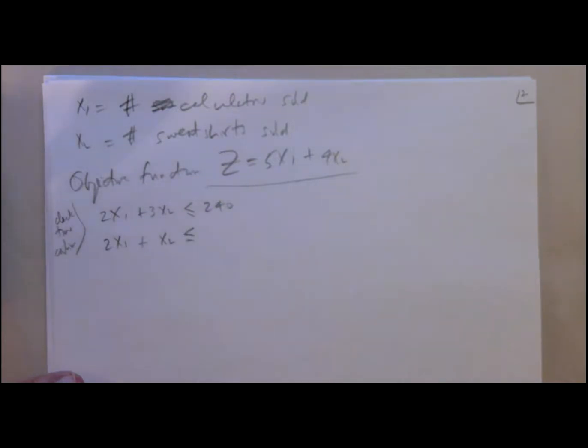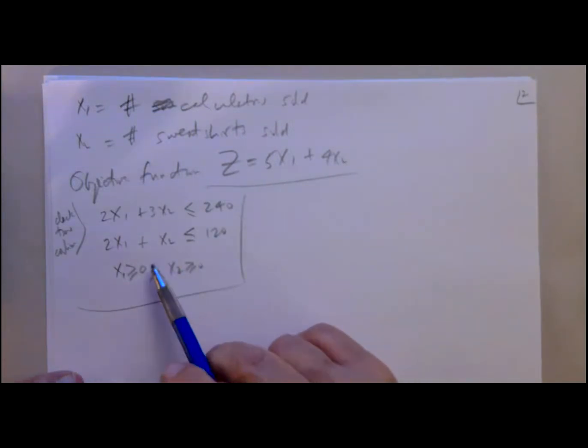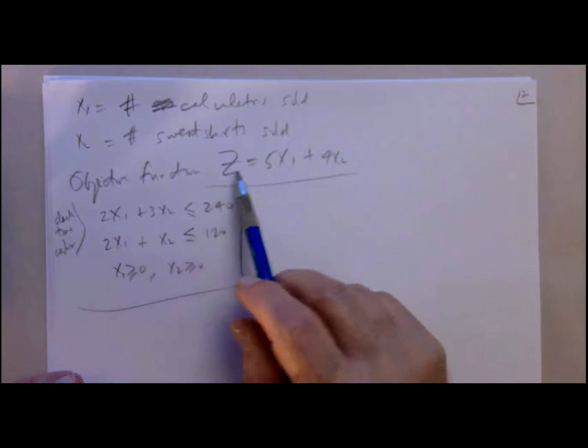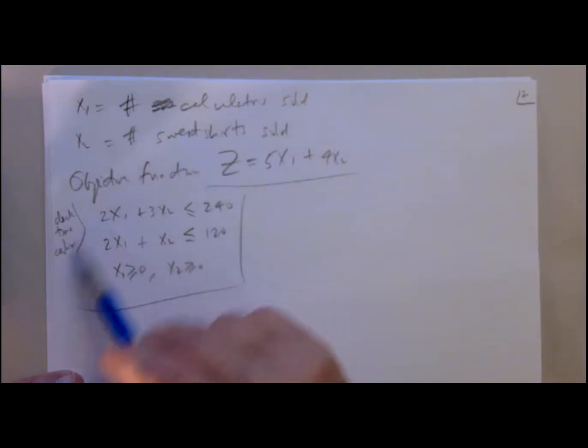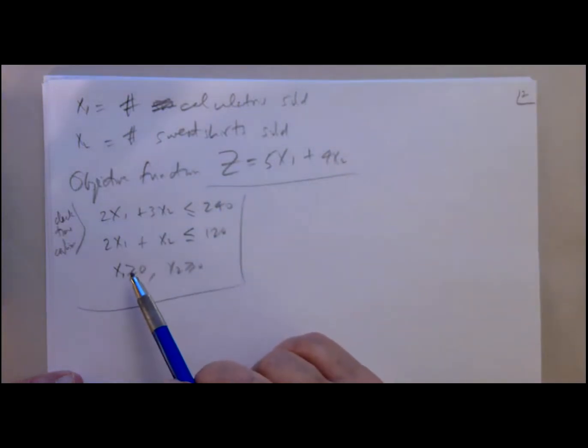There's only 1 cashier, so in 2 hours, that person has 120 minutes. So we have these 2 constraints together with the non-negativity conditions. Our problem is to maximize this objective function subject to these constraints.